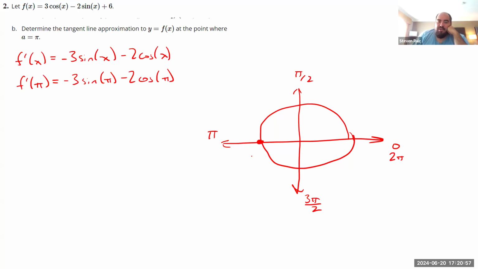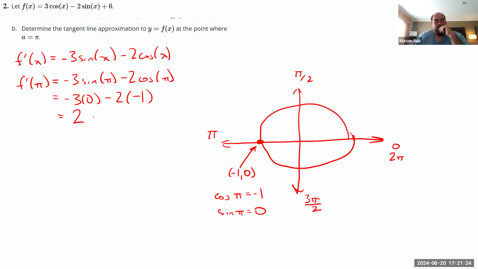What point is this on the unit circle? It's an x value of -1, y value of 0. So cosine of pi is -1 and sine of pi is 0. So -3 times 0 minus 2 times -1. The slope of my tangent line is 2.